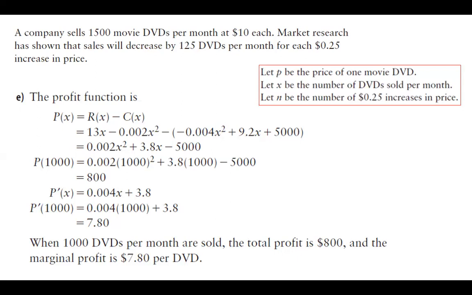Therefore, the marginal profit at X equals 1,000 equals negative 0.004 times 1,000 plus 3.88, which equals 7.80. So that means when 1,000 DVDs per month are sold, the total profit is $800, and the marginal profit is $7.80 per DVD.